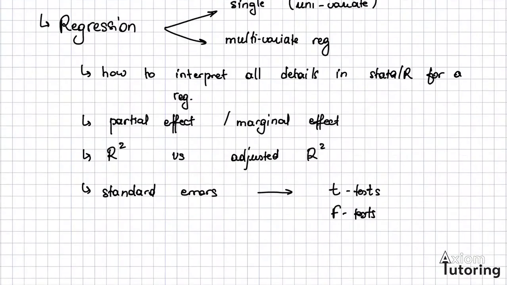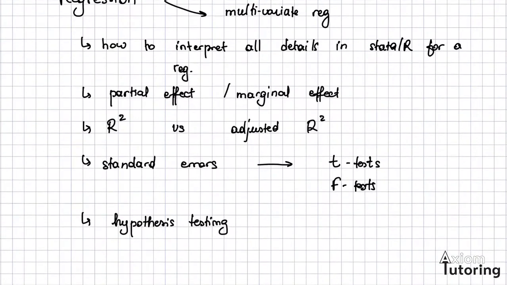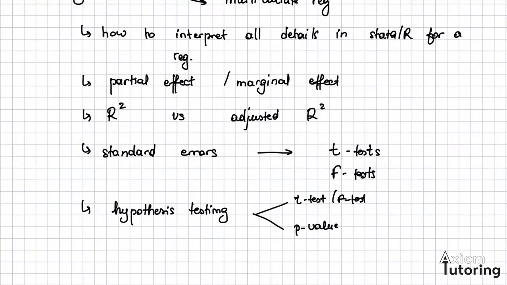We're going to have to learn about hypothesis testing, and the relation between hypothesis testing done through a t-test or through a p-value test. Here you can also do an f-test.